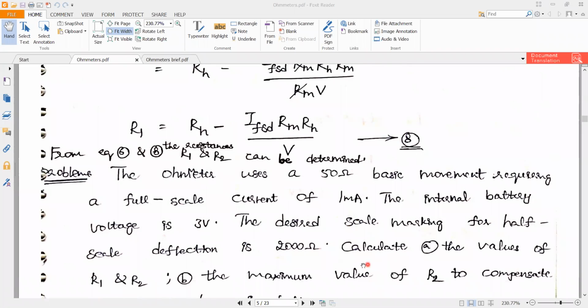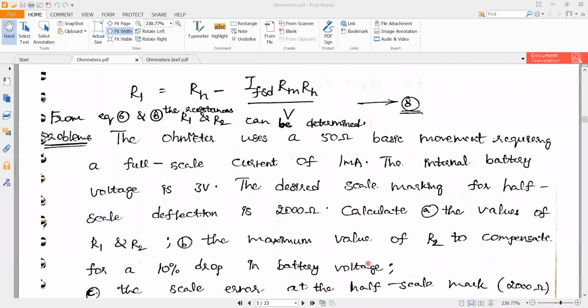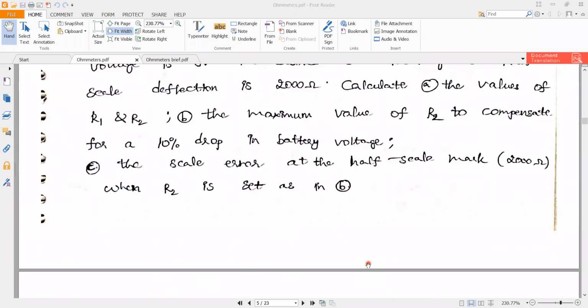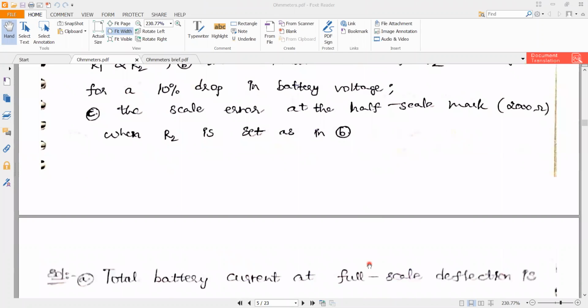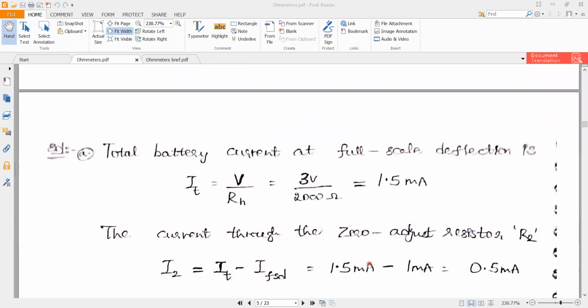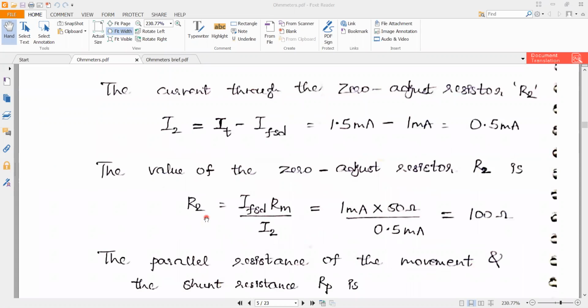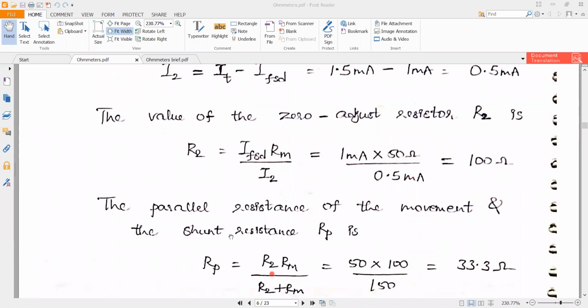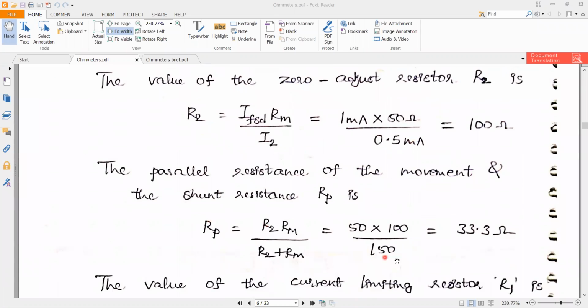Here, one problem is provided. In that problem, whatever derivation we have seen here, by using it we will calculate the total current, the flow of current I2, the zero adjustment resistance R2 value by substituting those values, and the shunt resistance RP.